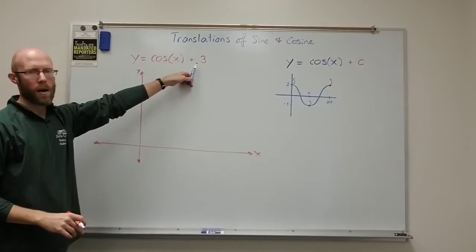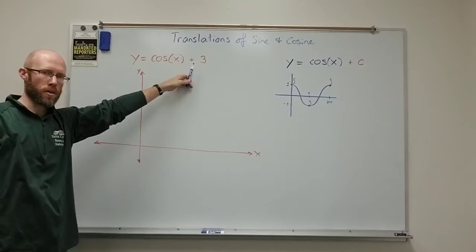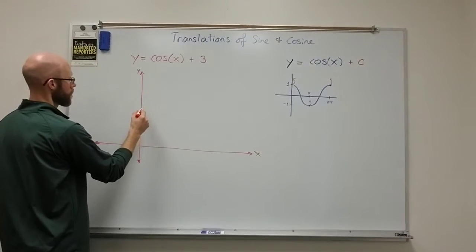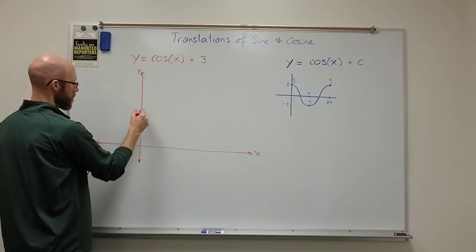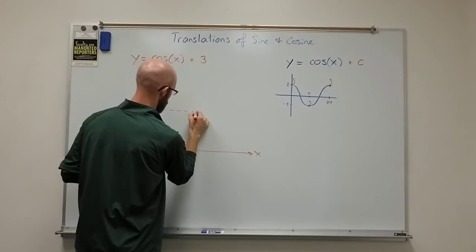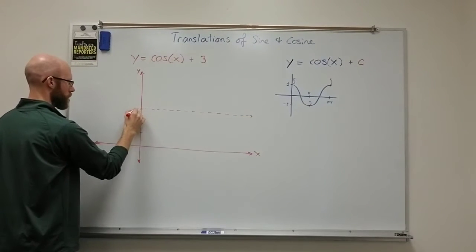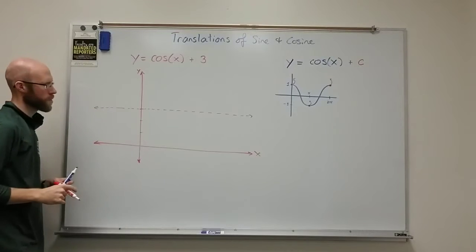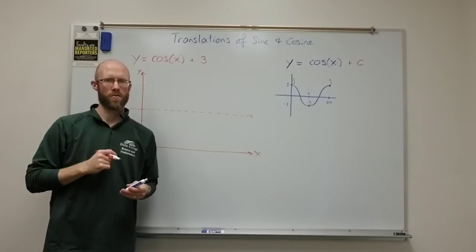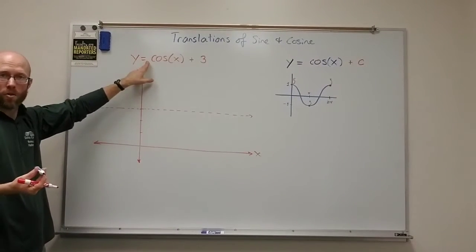Then we're going to shift up 3 units, but remember that's really just shifting the axis up 3 units, right? So 1, 2, 3. And I'm going to draw in a dashed line. That's essentially the new center axis for that cosine. Our amplitude isn't any different, it's still 1.